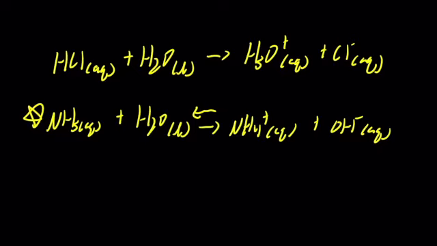Now, so far we were able to acquire the definition through the Arrhenius and Bronsted-Lowry method, but there's also more to the Bronsted-Lowry definition. So let's go back to our NH3 example, and what if we were to have it react with water?